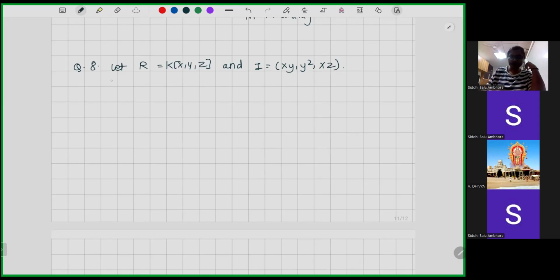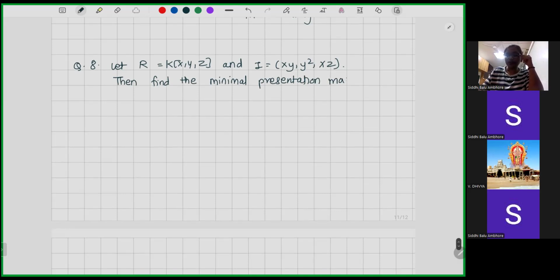Then find the minimal presentation matrix of I. Okay, so this is the question which is asked. We have to find the minimal presentation matrix.